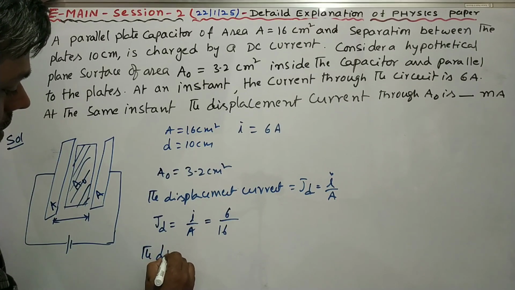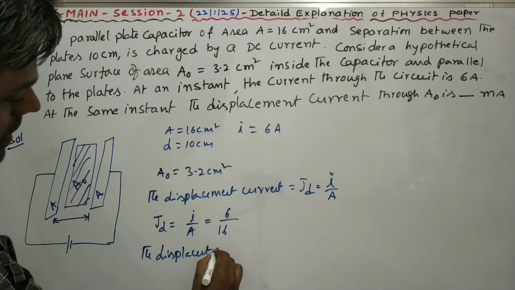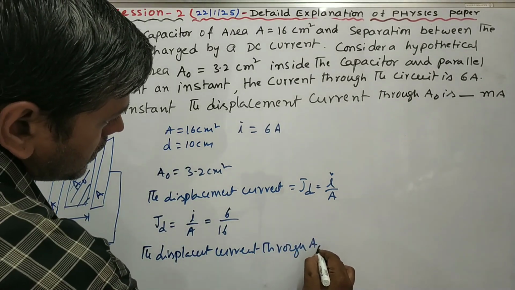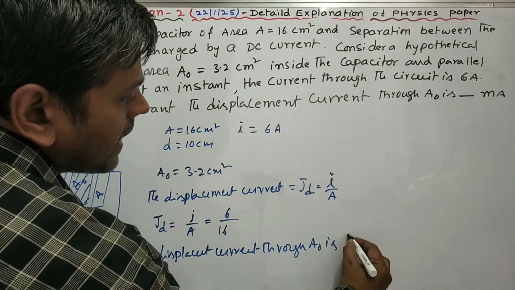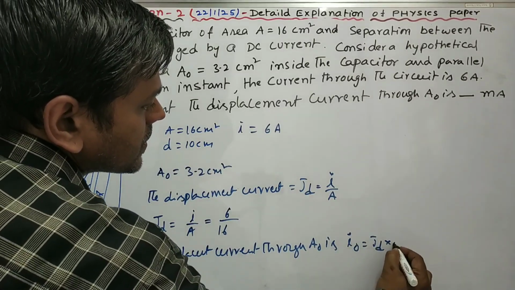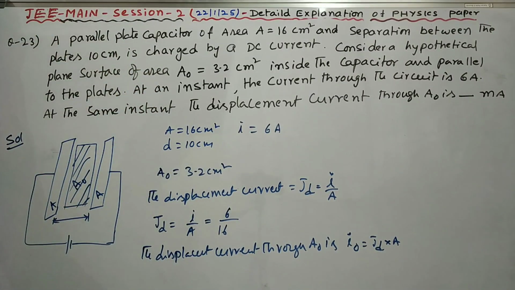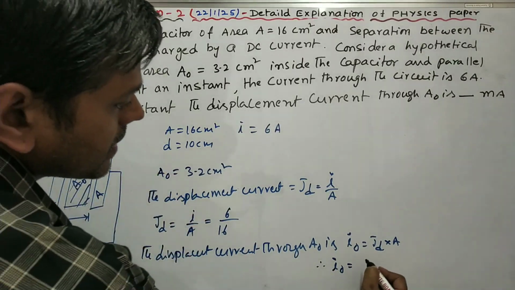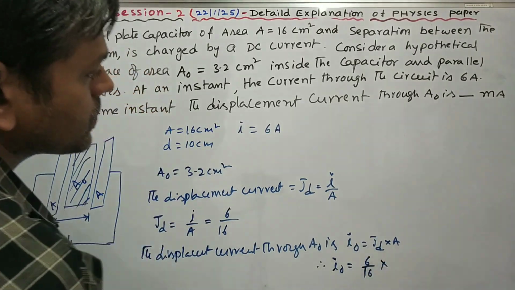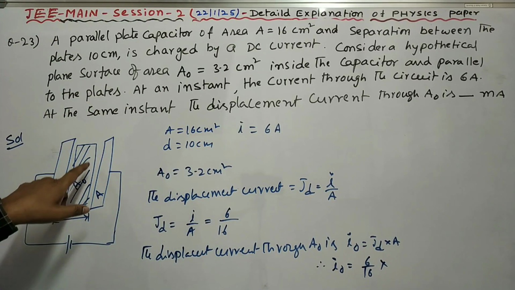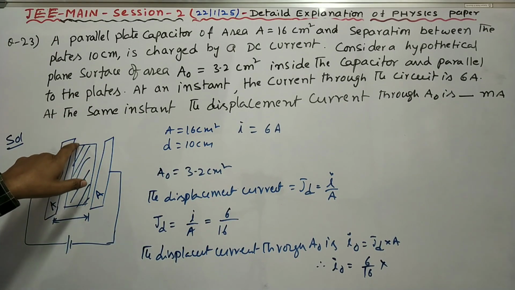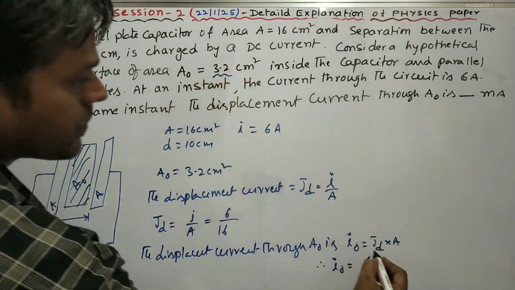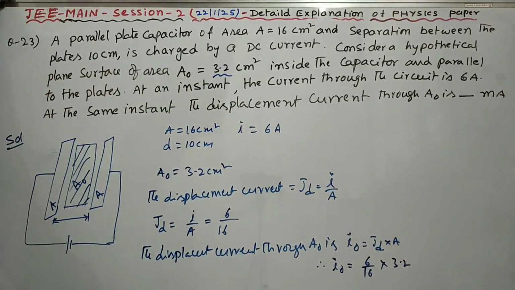The displacement current through A0, I0, is equal to JD into A0. Therefore I0 is equal to 6 by 16 into the cross section area of this hypothetical plane surface, which is 3.2 into 3.2.